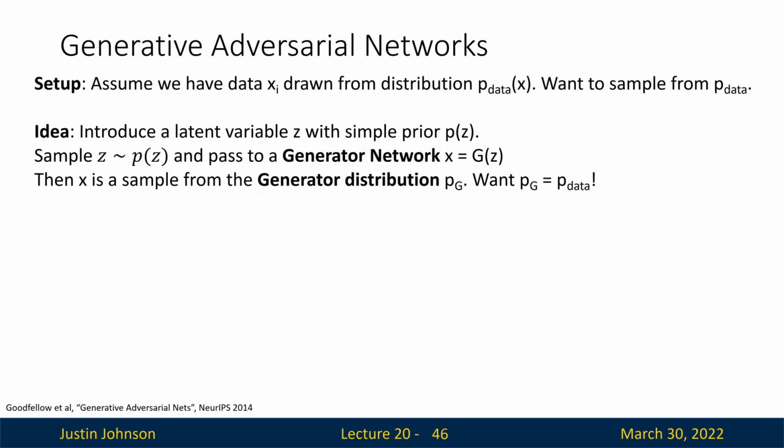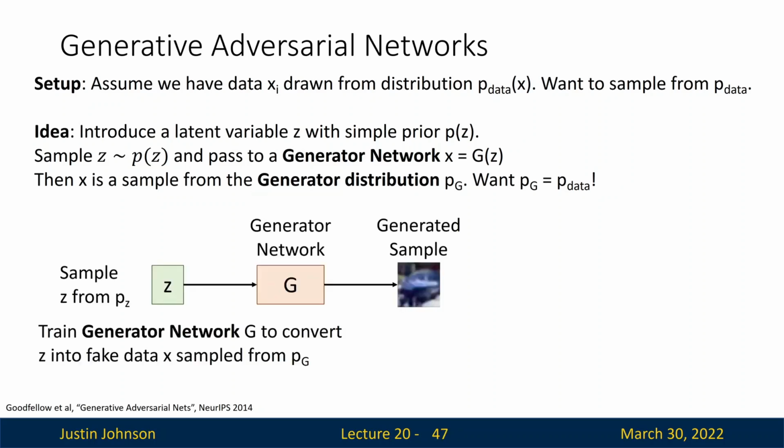Then we pass the latent variable to our generator to generate an image X. What we want is for our generated distribution to be the same as our image distribution. So we have the latent variable, and through a generator, we get an image.